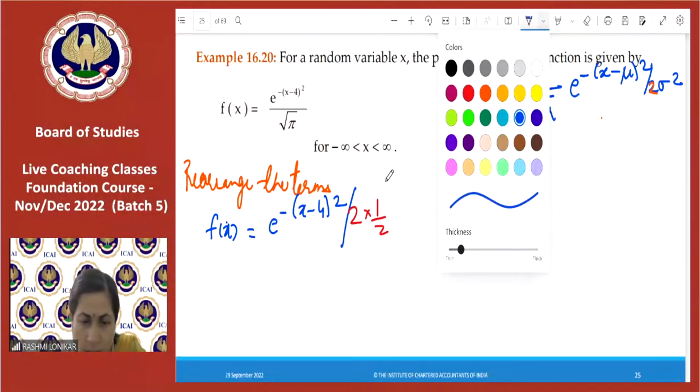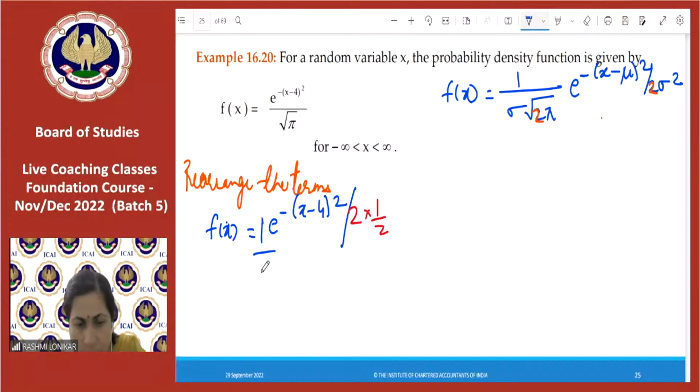Upon 1 upon, this is square root of pi. So instead of that, I am writing square root of 2 pi into 1 upon 2.